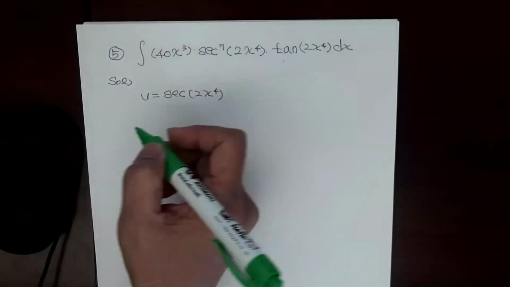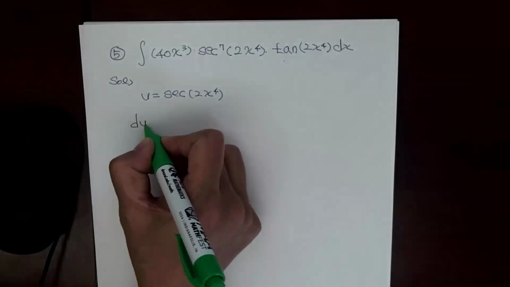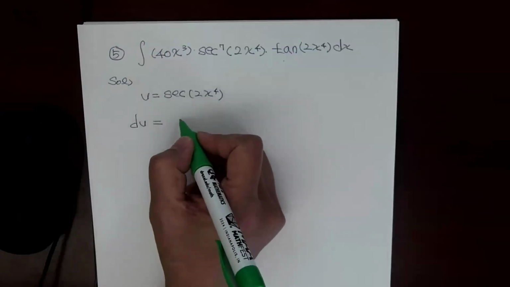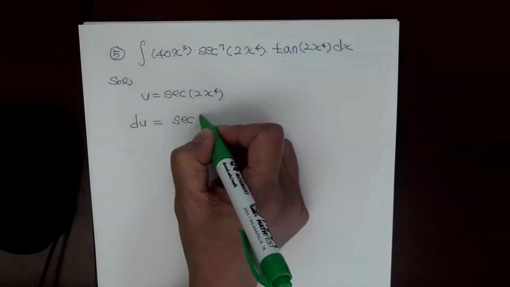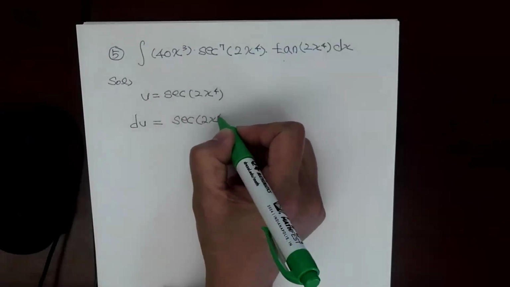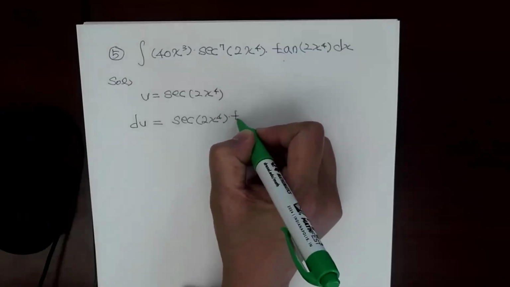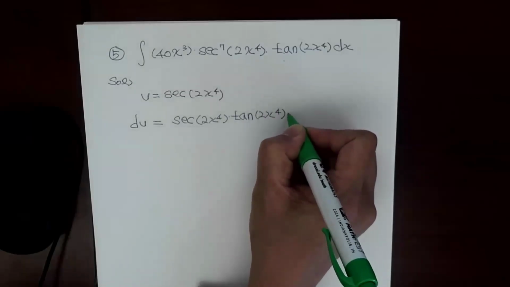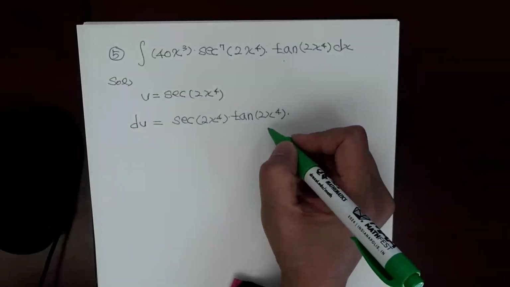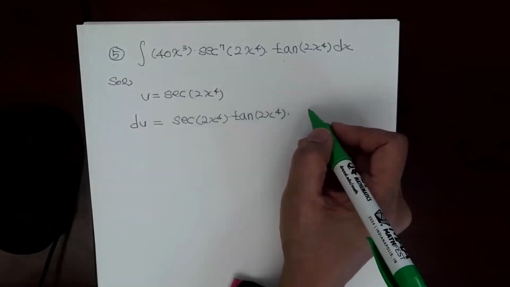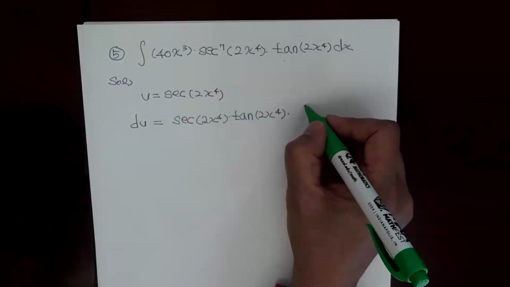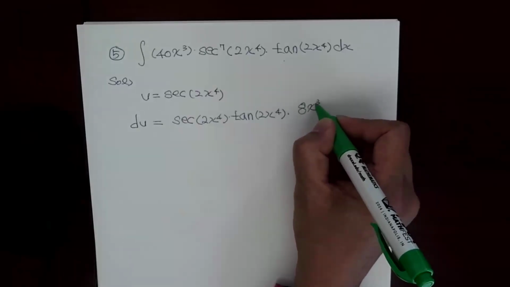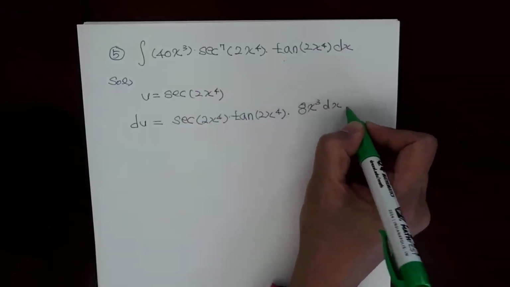And then what will happen will be du. When you differentiate, that'll be secant 2x to the 4th power times tangent 2x to the 4th power times the derivative of the inner function, which is 8x cubed dx.